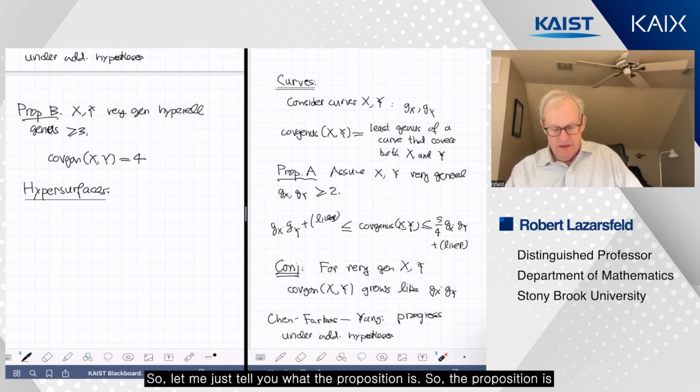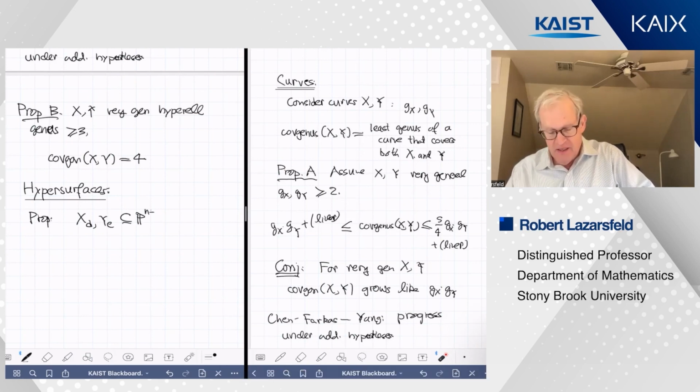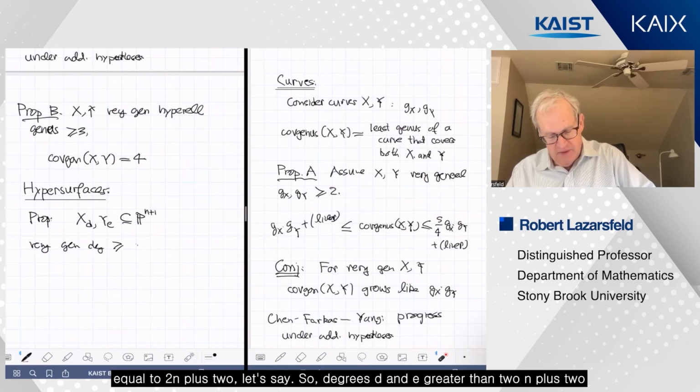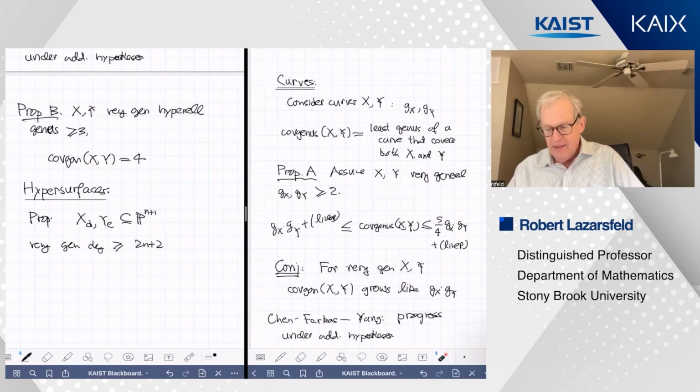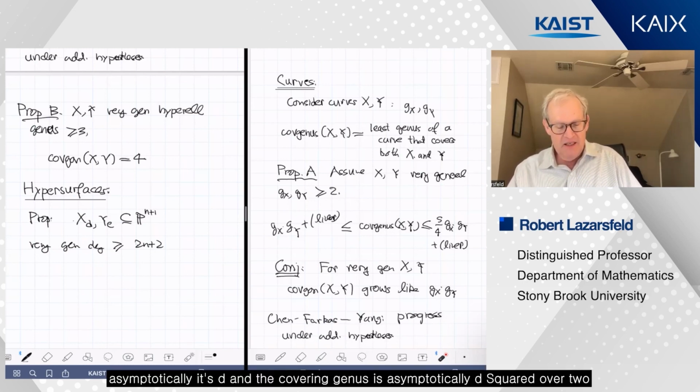If we take X_d and Y_e, very general hypersurfaces of degrees d and e greater than or equal to 2n+2, remember that the covering gonality of X is essentially d asymptotically, and the covering genus is asymptotically d squared over 2.